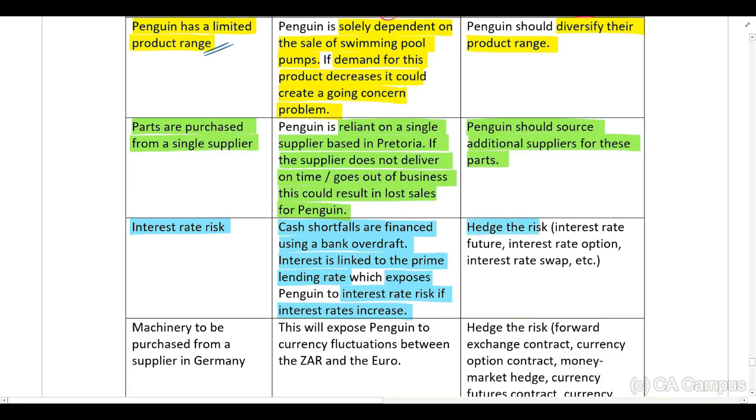We can hedge this risk either using an interest rate future, an interest rate option, or an interest rate swap. Guys, we are going to cover hedging a little bit later. We are going to look at the treasury function where we will cover hedging in a lot more detail. So don't worry too much about that for now.